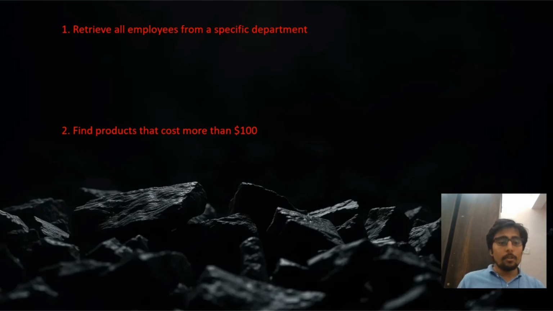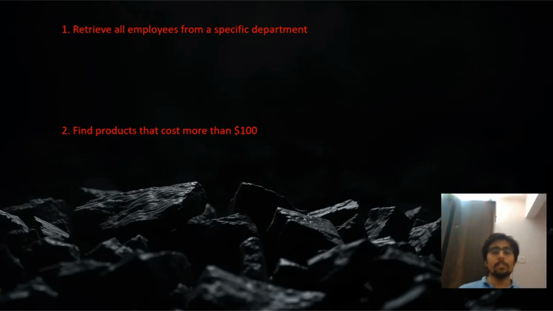And now we'll do four questions that combine all three clauses we have used. So the first question, as you can see over here, is retrieving all the employees from a specific department. Let's say any department, we'll just give an example and try to understand the thing. So okay, first question we'll do over here. For example, we have so many things in the columns.